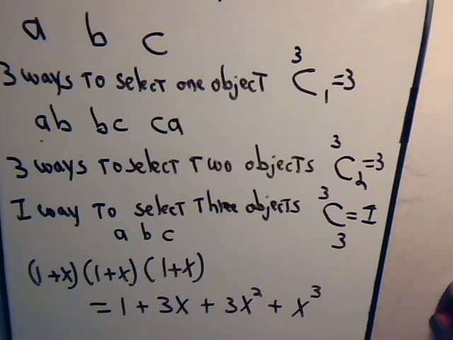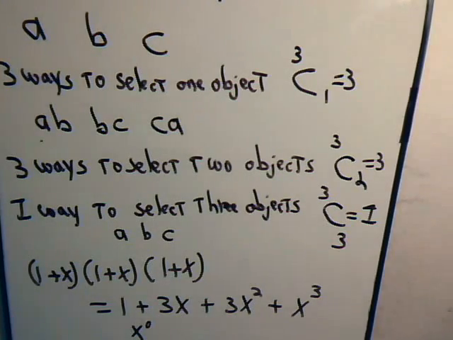How many ways can we select 3 objects where the order doesn't matter? And we said, well, there's only one way. And sure enough, the coefficient on x cubed is 1. How many ways can we select 0 objects? Well, that would be the coefficient of x to the 0, and of course, that's 1. There's only one way that you could select 0 objects.